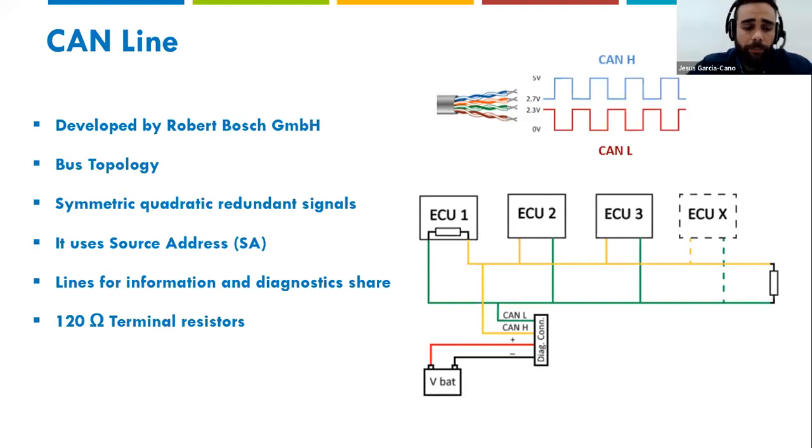Another important thing is that this kind of line has two terminal resistors, one here and one here. And each terminal resistor is 120 ohms. The best way to check if these resistors are okay is to put the multimeter on the diagnostic socket and measure the ohms.